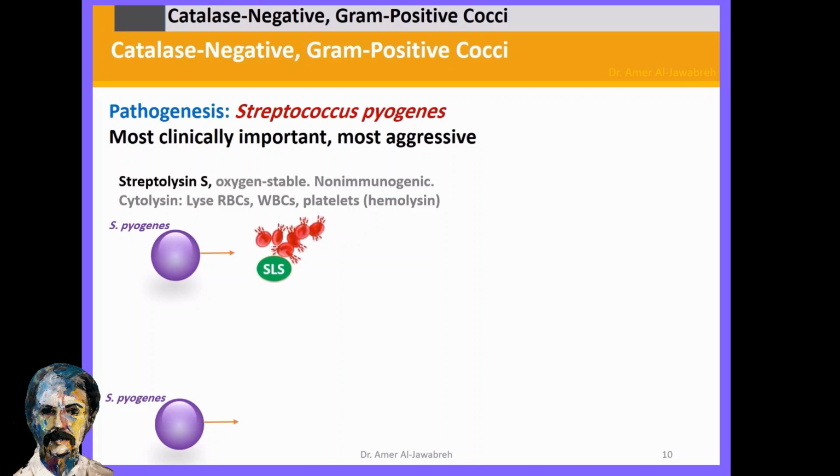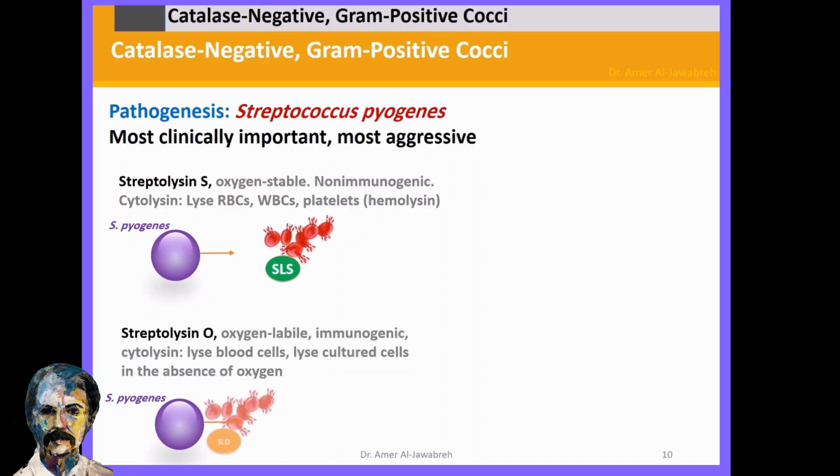SLS, streptolysin S. This is oxygen stable. There is the other one, which is streptolysin O. This is oxygen labile. When it's exposed to oxygen, very quickly it's destroyed. However, this is immunogenic.